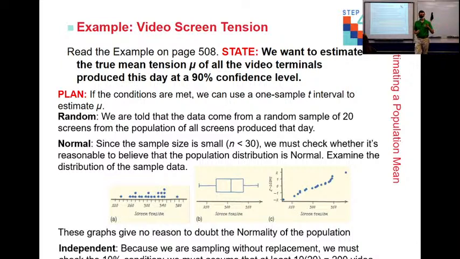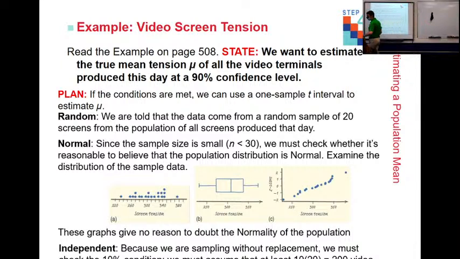And if the distribution is normal, then this graph should be about linear. That's what this graph should look like if we have about a normal distribution. So as long as this graph looks fairly linear and my distribution looks fairly symmetric, then we can be okay with the normal distribution. And we only need to check these graphs if the sample size is less than 30. If the sample size is greater than 30, then we're good to go anyways.